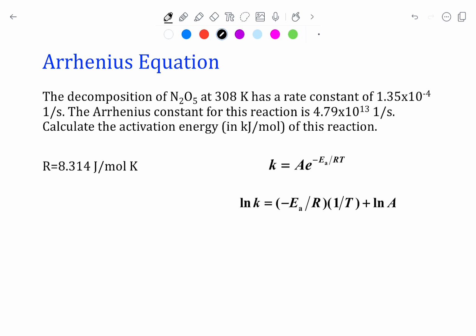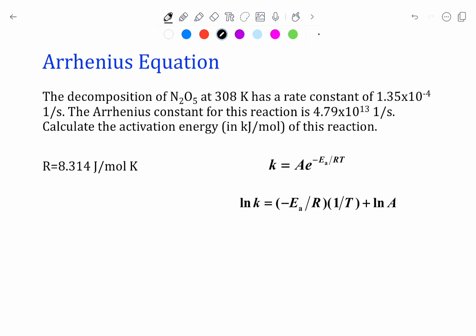The decomposition of N2O5 at 308 Kelvin has a rate constant of 1.35 times 10 to the minus 4, 1 over seconds. The Arrhenius constant for this reaction is 4.79 times 10 to the 13. Calculate the activation energy in kilojoules per mole for this reaction.